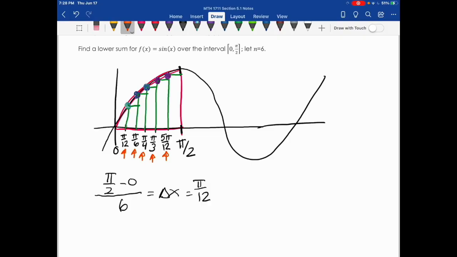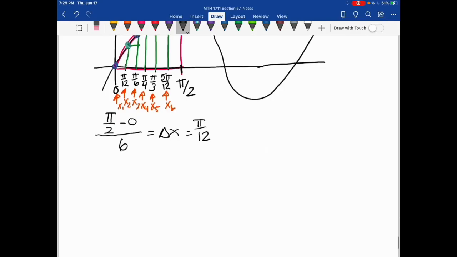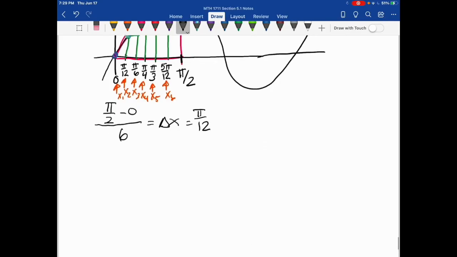So I'm using this one, this one, this one, this one, and this one. Now the first rectangle, because it goes down to 0, the height's going to be 0. But because this is a left-hand point, we're going to use that as an endpoint, but the area of the rectangle is going to be 0. So this is going to be my x1, my x2, my x3, x4, x5, and x6.